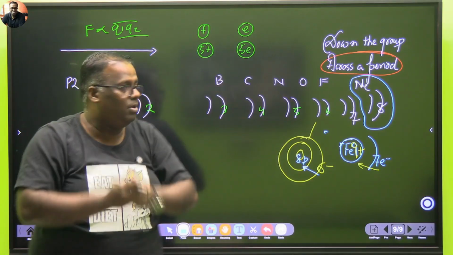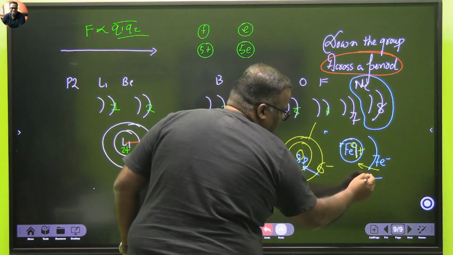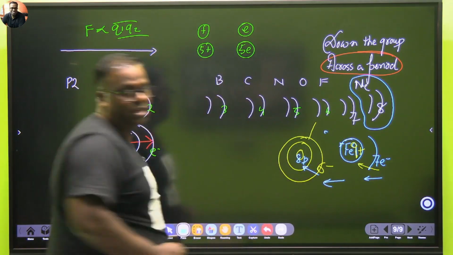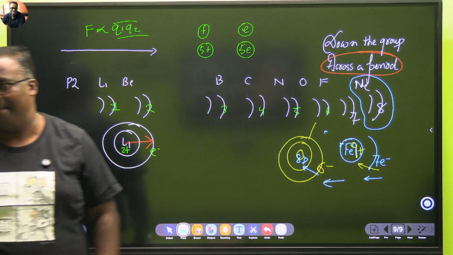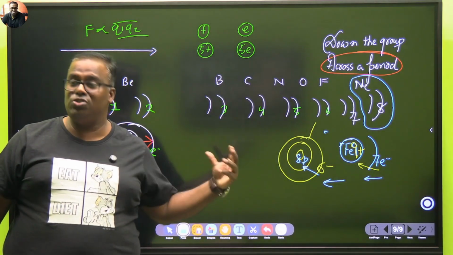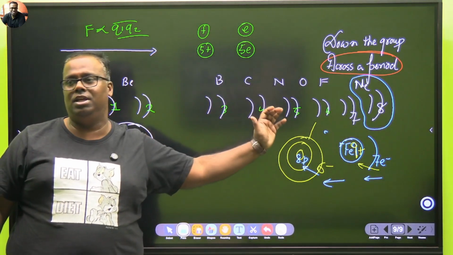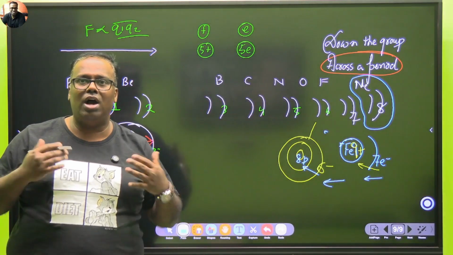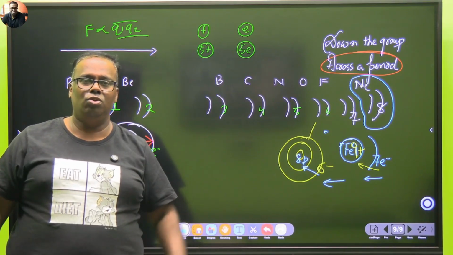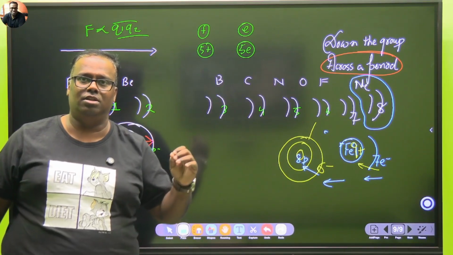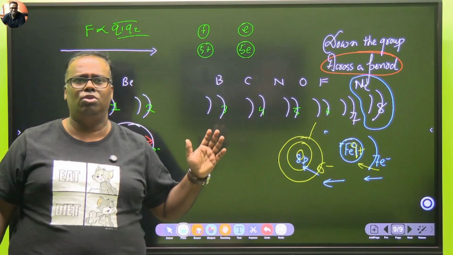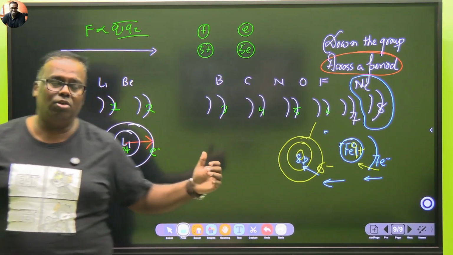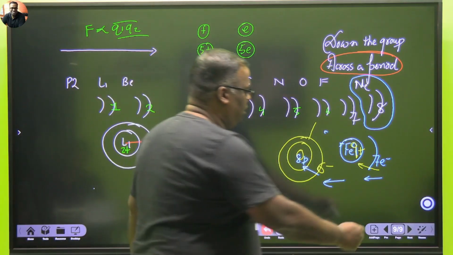They pull them, and as a result the sizes start to shrink. This is a very nice observation: if you move across a period, the atomic size decreases. Have you understood this, or do you want one more round of explanation? If you want, tell me, there is no issue. One more round across a period.